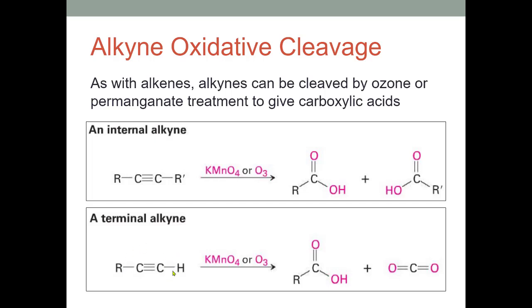And so if we have a terminal alkyne, that last carbon, the terminal carbon, gets oxidized all the way up to the four bonds to oxygen scenario, or carbon dioxide. This is a really important reaction because what we've done is we've shortened our carbon chain. If we started with a 6-carbon terminal alkyne, we now have a 5-carbon carboxylic acid, and we've cut off one carbon as CO2.